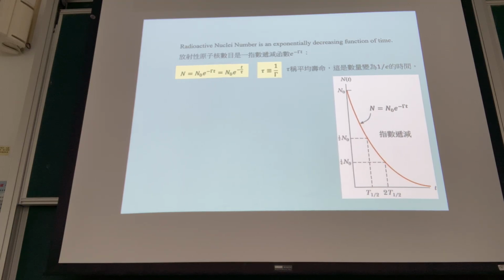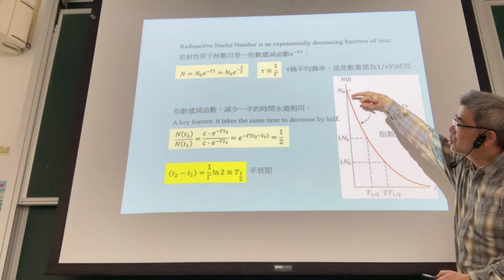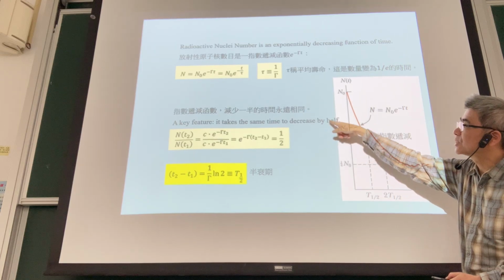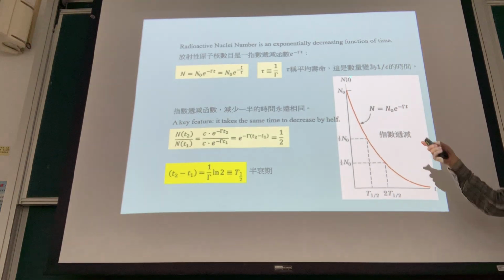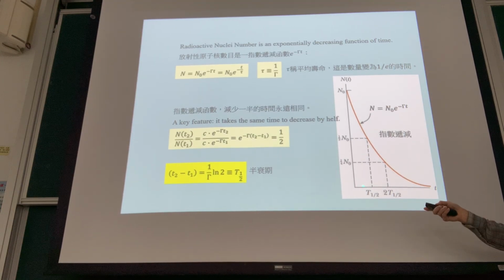This kind of function has one most important property. The key feature is that it takes the same time to decrease by half. So for the number to become 1/2, you record the time, and then for this number to decrease again by 1/2, the time is the same.